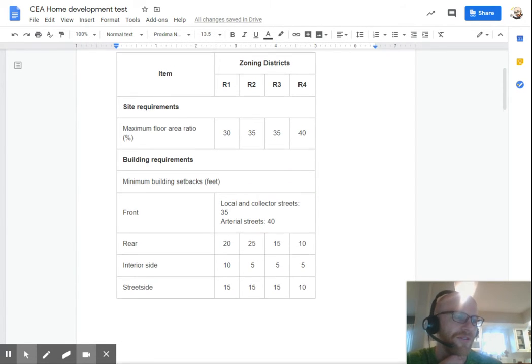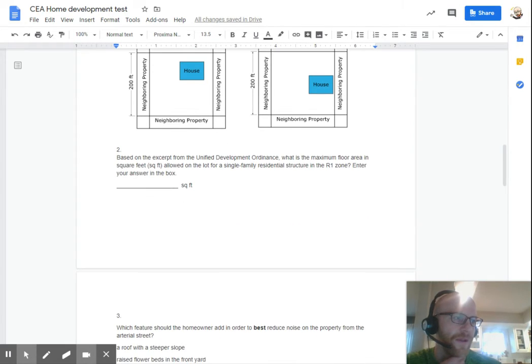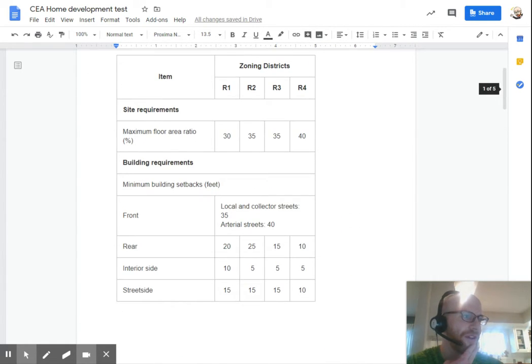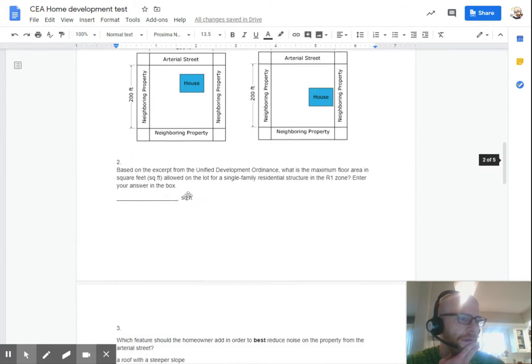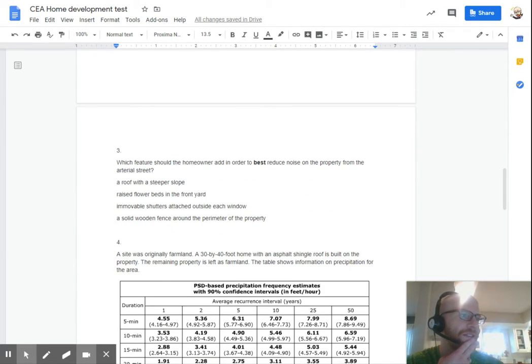And what's 30% of that 40,000 feet? That's 12,000 square feet. So you could build a 12,000 square foot house right there, which is pretty big, but that would be allowed in the ordinance, 30%. So that's the maximum size footprint.